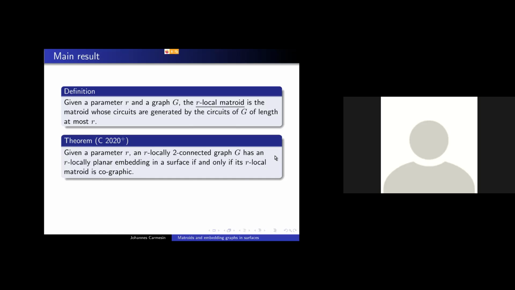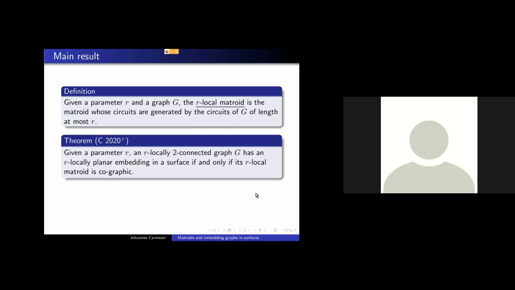if and only if its r-local matroid is co-graphic. So this is really a Whitney-type statement, because the existence of an r-locally planar embedding is equivalent to a certain matroid, the r-local matroid, being co-graphic. Note that this is a characterization, right? So if you're interested in building an r-locally planar embedding, then you look at the matroid, and this graph given by the matroid will help you construct the embedding; it will be something like the dual graph of the embedding.